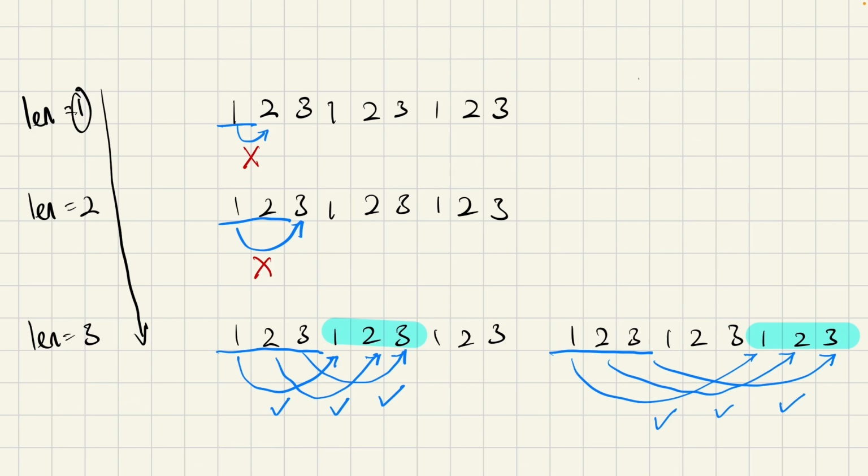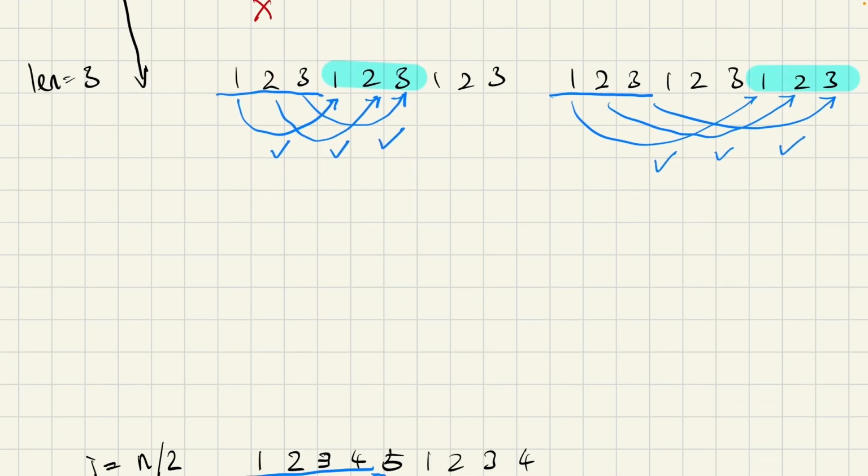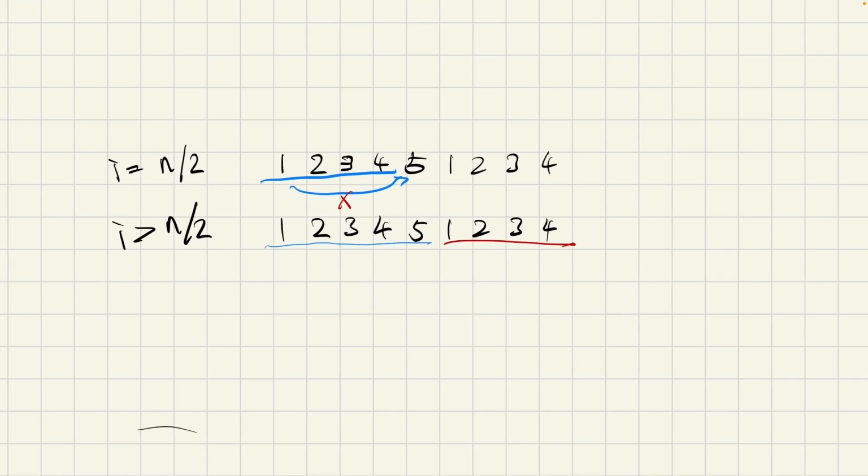So if that's the case, what is the biggest possible repeating subarray for this question? It will actually go up to n over 2. Why n over 2? Because if you look at i equal to n over 2, in this case 9 divided by 2 is going to give you 4, not 4.5.